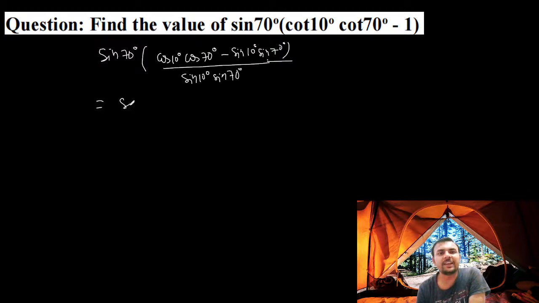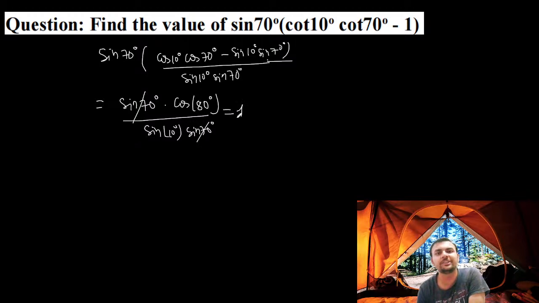It is sine 70 degree, cos a cos b minus sine a sine b is nothing but cos a plus b, and we are left with sine 10 degree sine 70 degree. So sin 70 cancel. Cos 80 is nothing but sin 10, which is equal to 1.